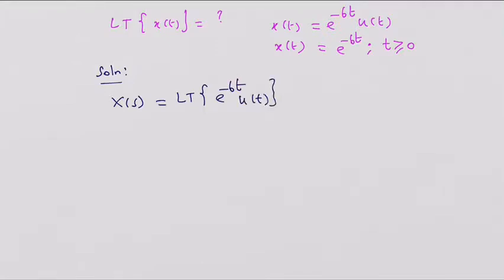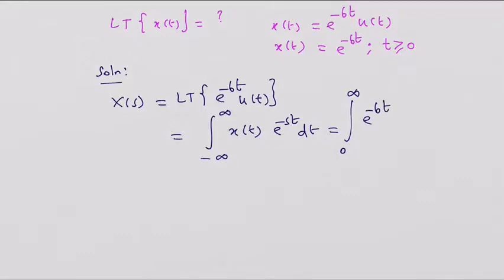It is written here, and in the formula you can notice that this starts from the bilateral Laplace transform formula, minus infinity to plus infinity, x of t into e power minus st into dt. Now the given signal is available only for the positive time limits of t. It's a causal signal, so I'll say e power minus 6t into e power minus st into dt.